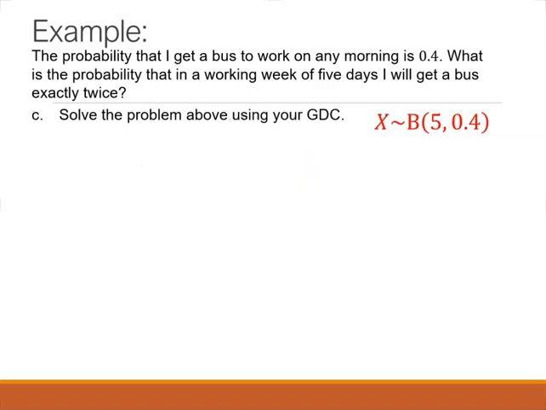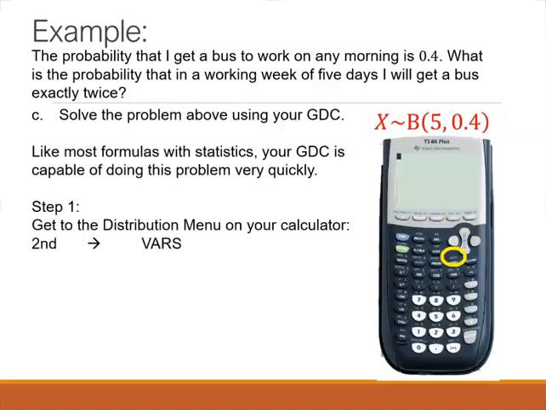Guess what, though, guys? You don't have to do this by hand. This is all built into your calculator. If you have your graphing calculator with you, I recommend you taking it out to follow along. If you want to borrow one of mine, there's 4 sitting on my desk, and you're welcome to grab one if you so choose.